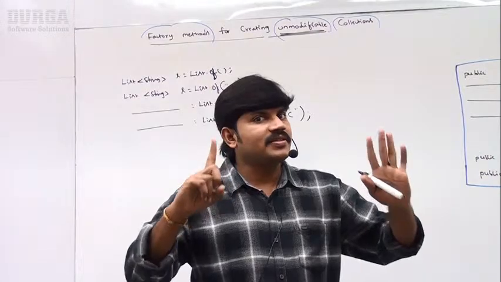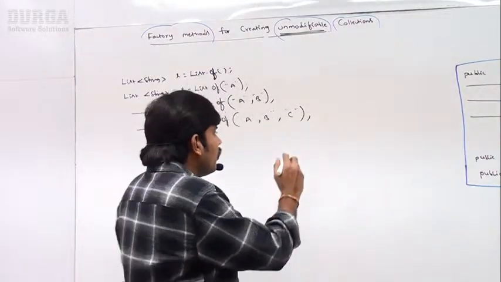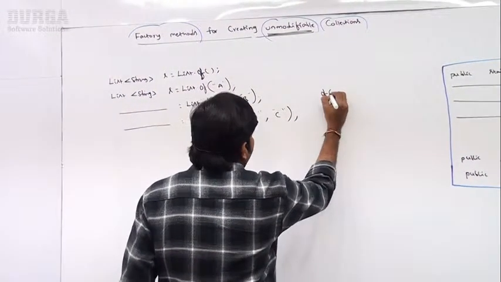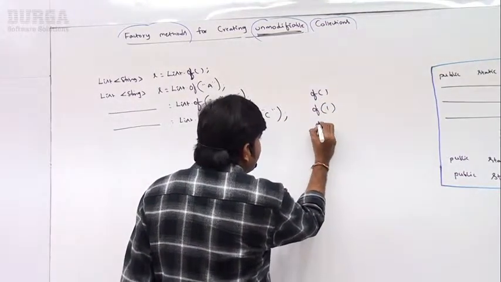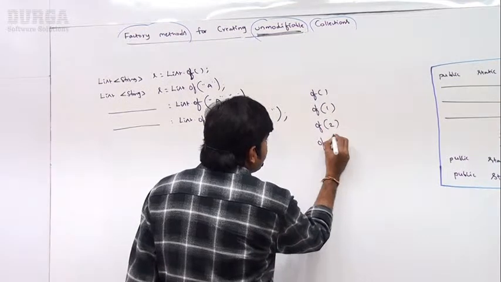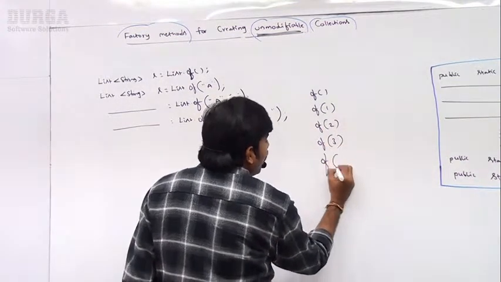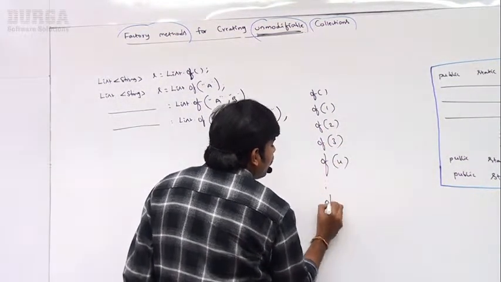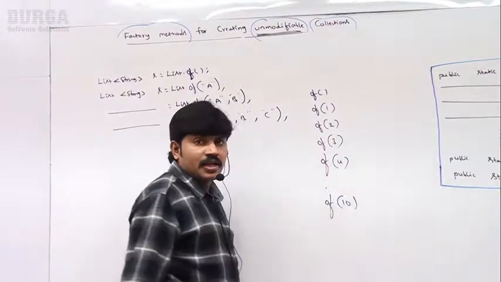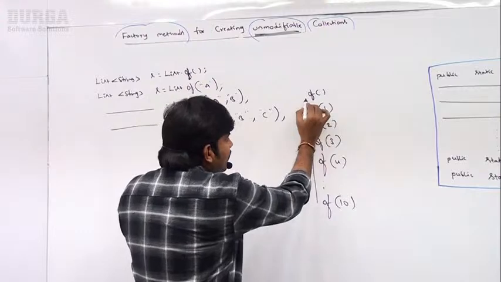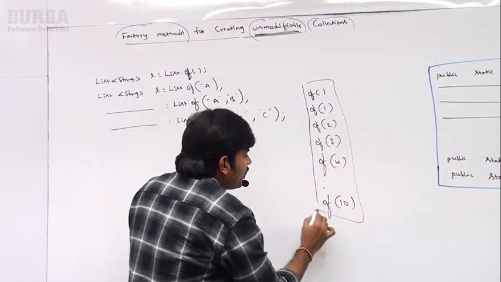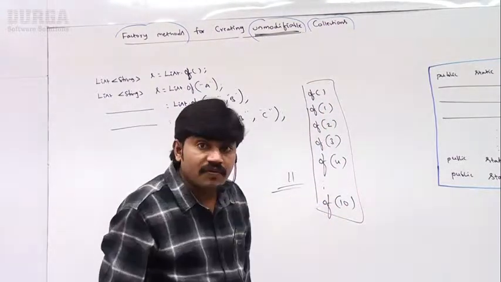Of without any argument, of with one element, of with two elements, and so on, of with ten elements. That is ten methods plus the empty one, so 11 of methods are available, right?